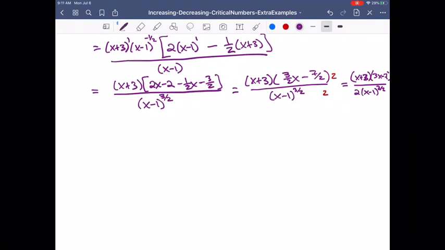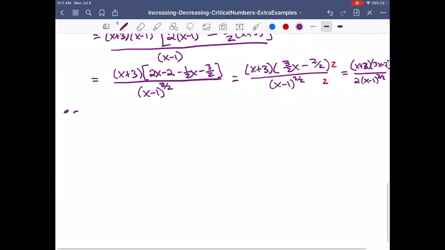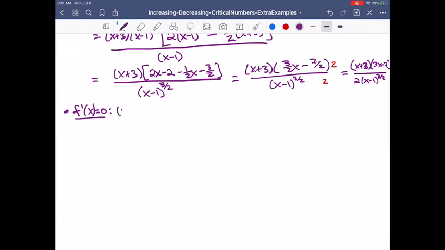Now I want to know, where is this derivative 0? So f prime of x equals 0. That's when the top is 0. I'm going to use the more simplified version, but you can use the original one if you want. So this is when x plus 3 times 3x minus 7 is equal to 0.